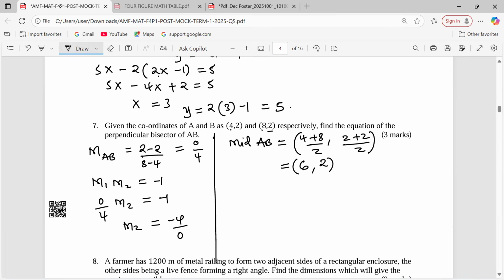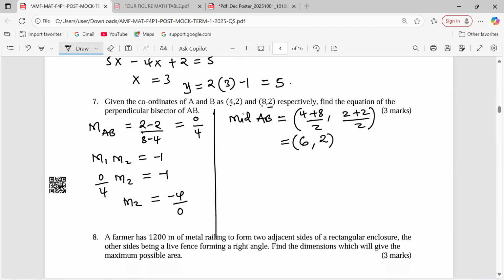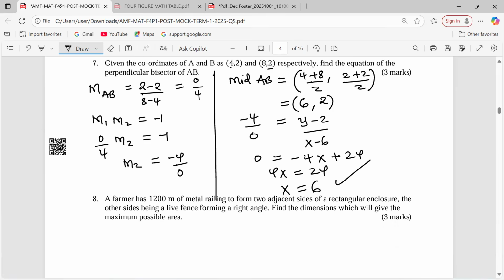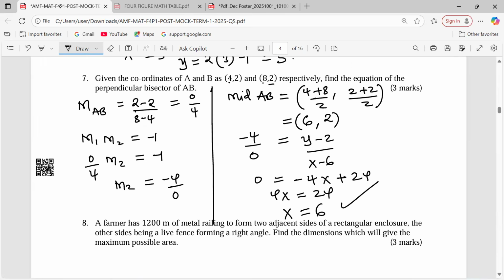So this line passes through the coordinate (6, 2), and we can express the gradient. Change in y, change in x, cross multiplication, 0 equals -4x plus 24. So 4x equals 24, giving us x as 6. So the equation is x equals 6. That is the line x equals 6.